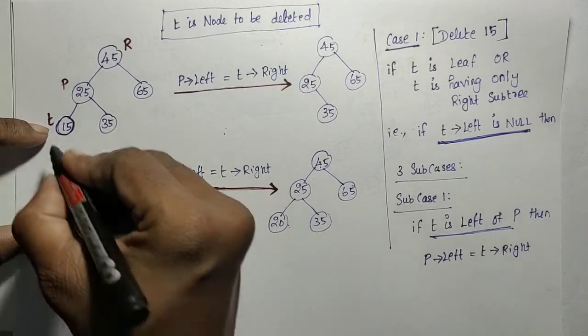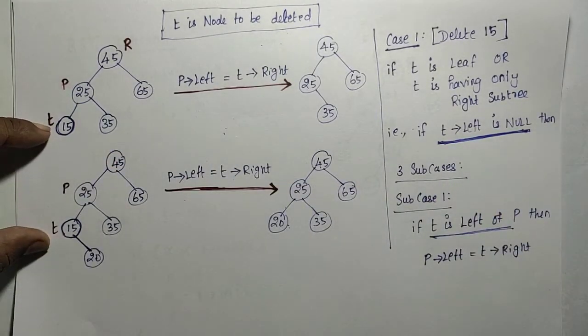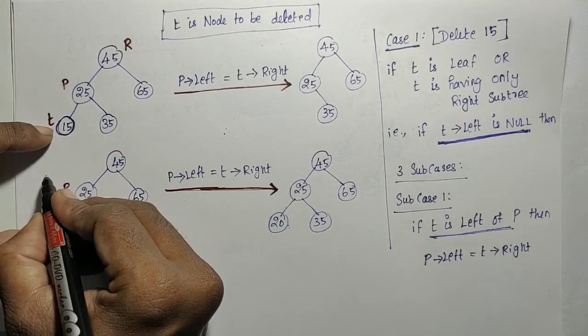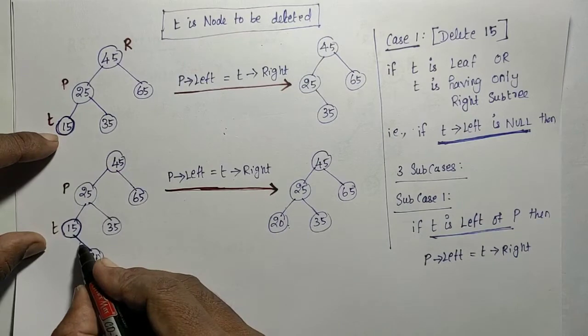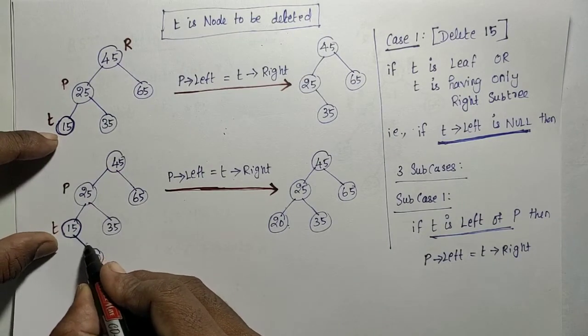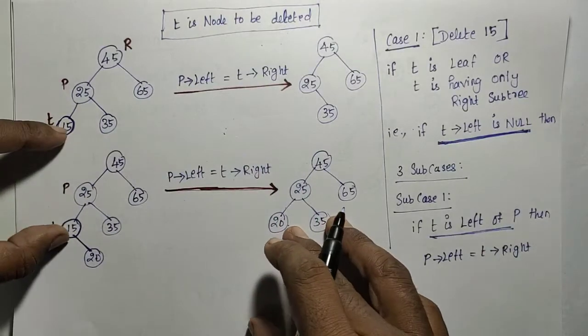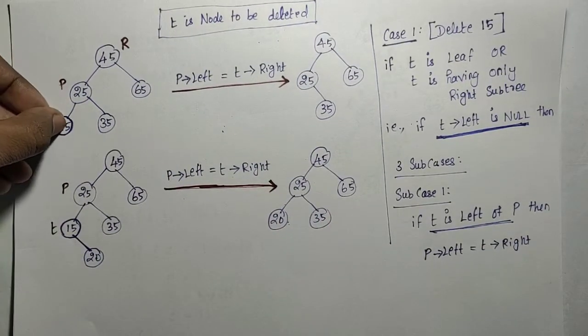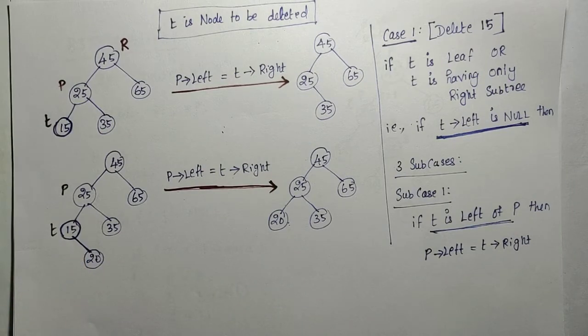If t of left is null, that is case 1. If the node to be deleted is a leaf node or it is having only the right subtree.